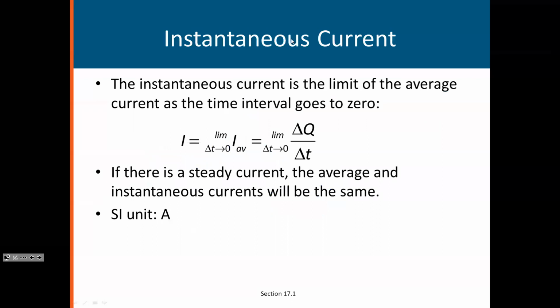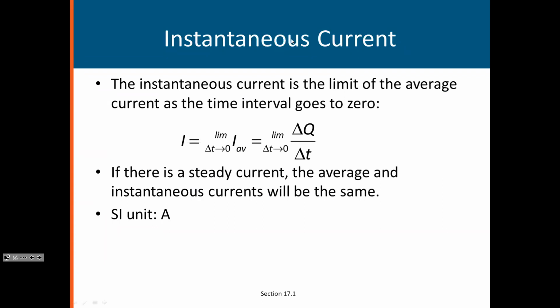Now, that's the average current. What about the instantaneous current? Like with velocity, which we did in semester 1, we defined the velocity as the rate of change of position. But during a finite time interval, it becomes average velocity. Then we defined the instantaneous velocity, the exact value of the velocity at a moment in time.